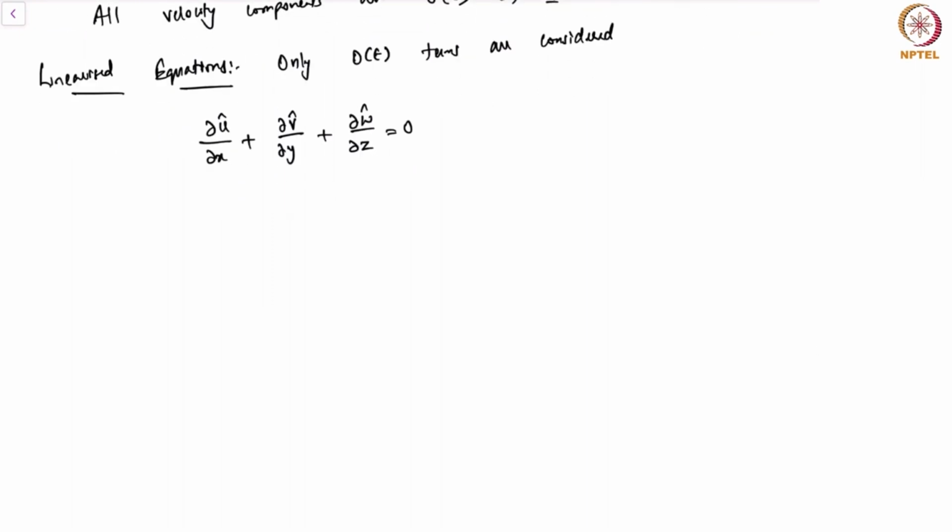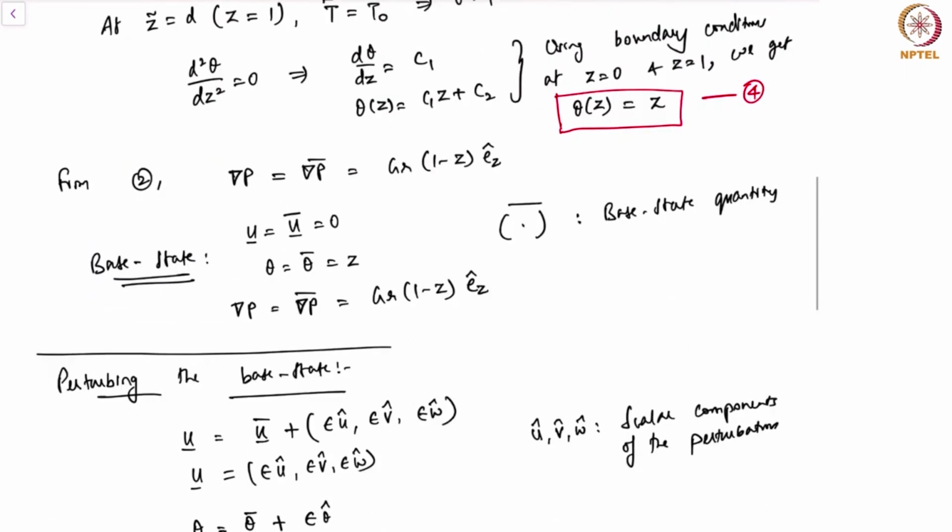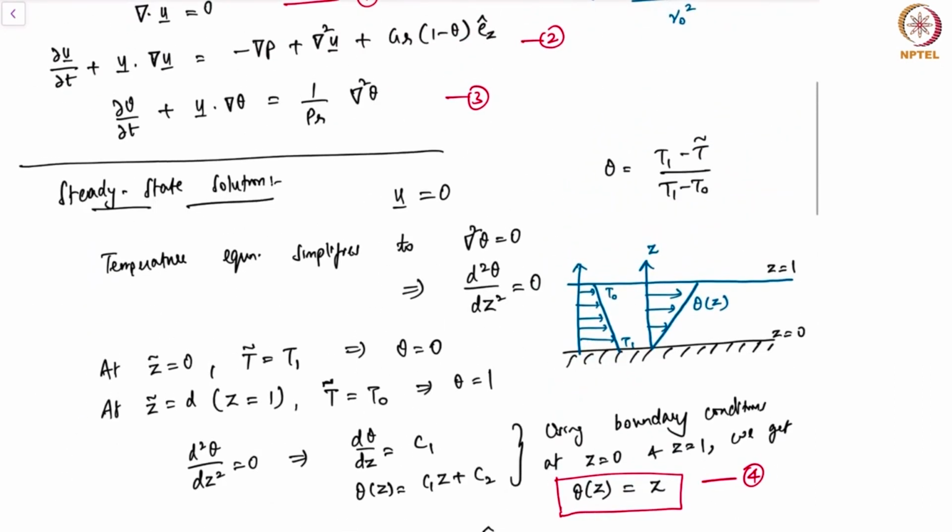Okay, so we have this. Now let's write down the temperature equation. We have del theta by del t. Again notice that the convective terms that I'm highlighting now are order epsilon, right?